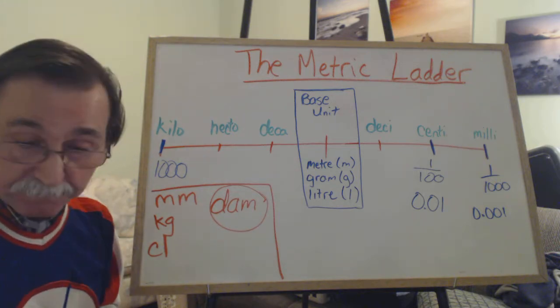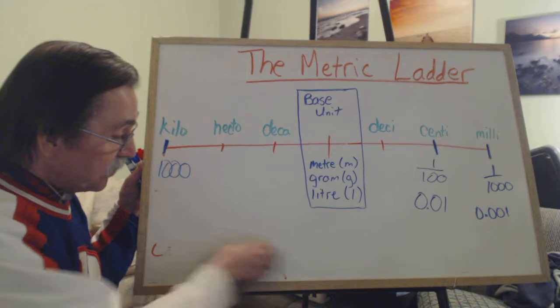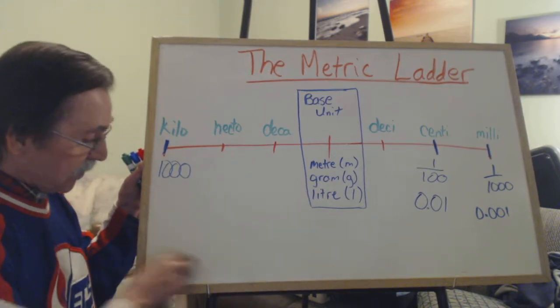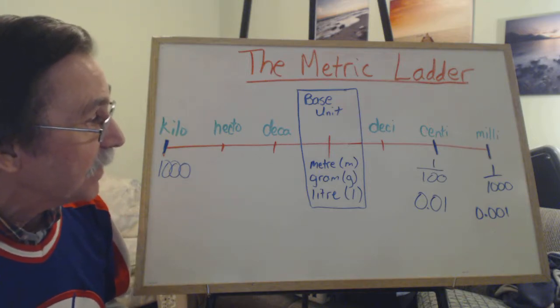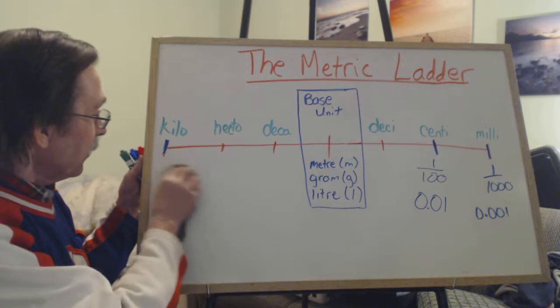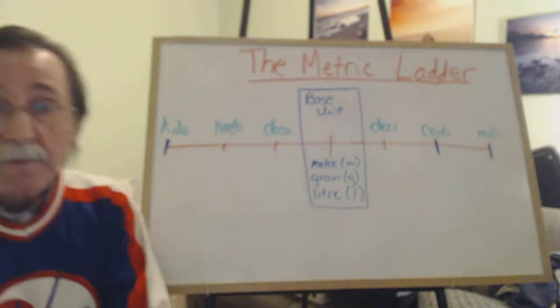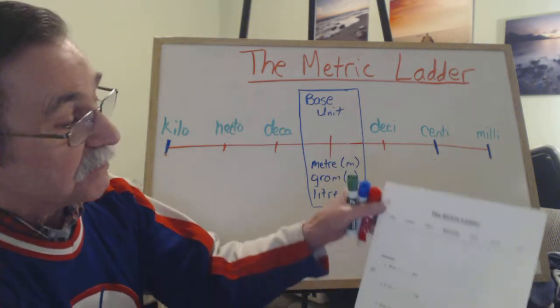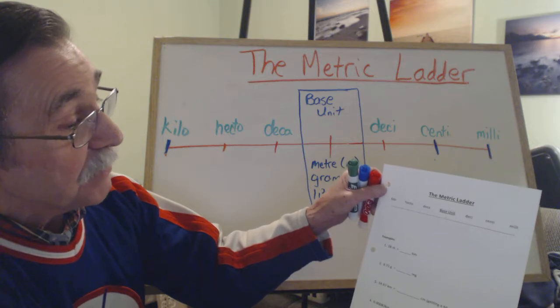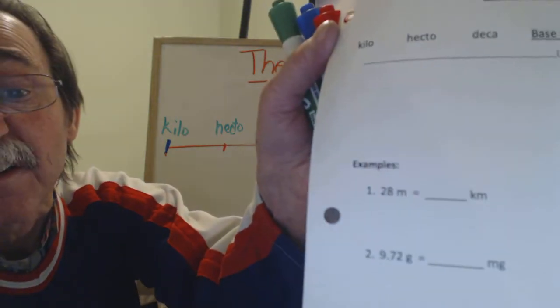Okay, so let's carry on here, and let's see if we can do something with this metric ladder. As I said, it's a tool for being able to convert one unit to another. I'm going to take these fractions and decimals out of here. And we're going to take our worksheet, the one that says change 28 meters into some number of kilometers.